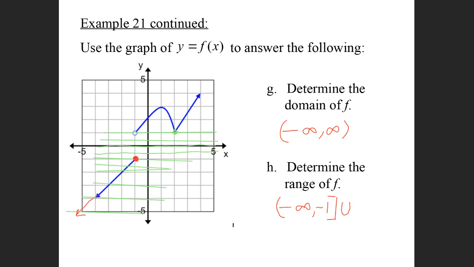Then you see these. Extend this. Yes, you'll keep intersecting the function. So from minus infinity to minus 1 and from 1 to infinity.